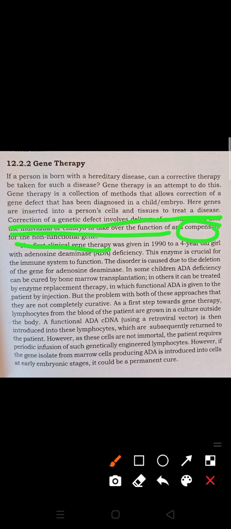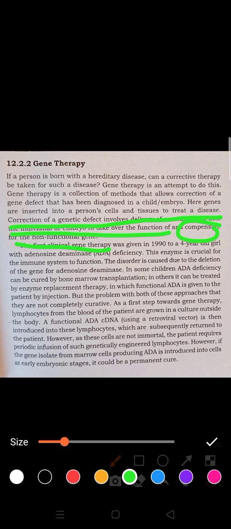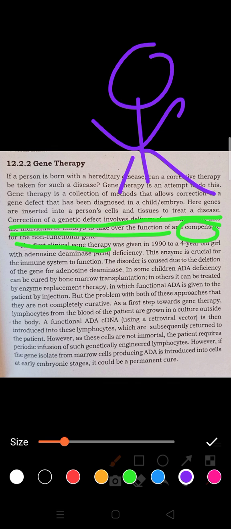Means if you want to correct any gene, suppose this individual is having one defect, this gene defect. Okay, firstly you have identified that it leads to a genetic disorder in that individual. That time what you will do, you will firstly identify the defective gene, so you have to search for the normal gene first.